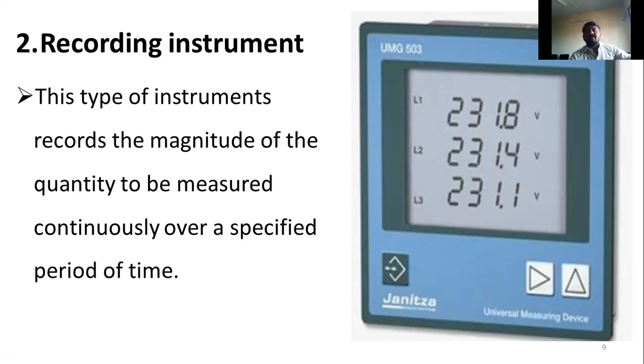So that is called recording instruments. This type of instrument records the magnitude of the quantity to be measured continuously over a specific period of time. Daily we can calculate, on an hourly basis we can calculate, minute-wise we can calculate, second-wise also we can record this type of measurements here.